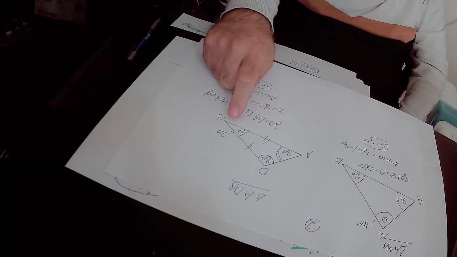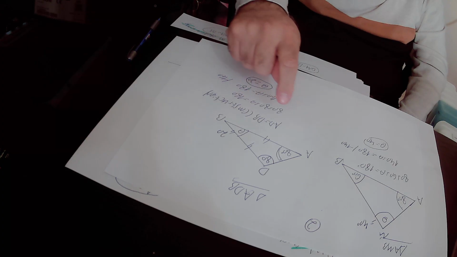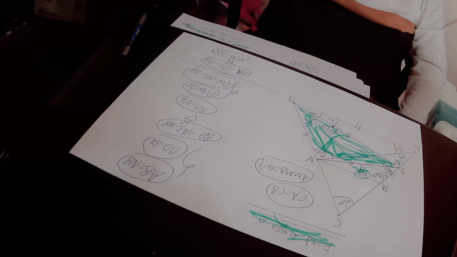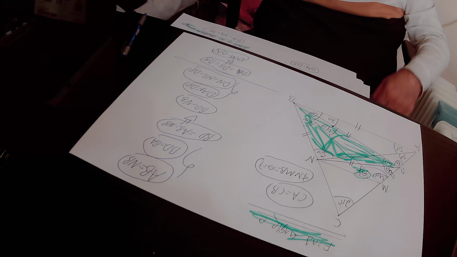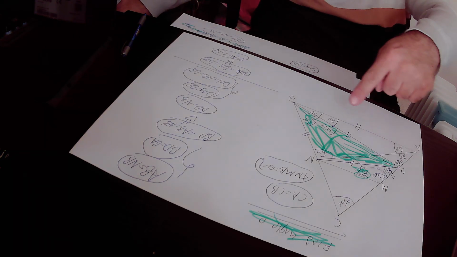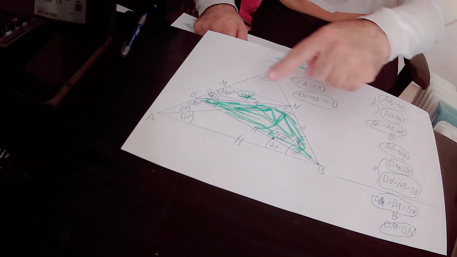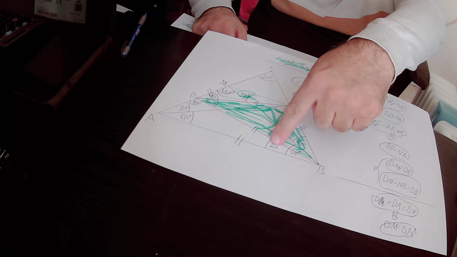So angle theta equals 20 degrees in size, that is to say angle ABD equals 20 degrees in size. Here, this is angle ABD that is equal to 20 degrees in size.